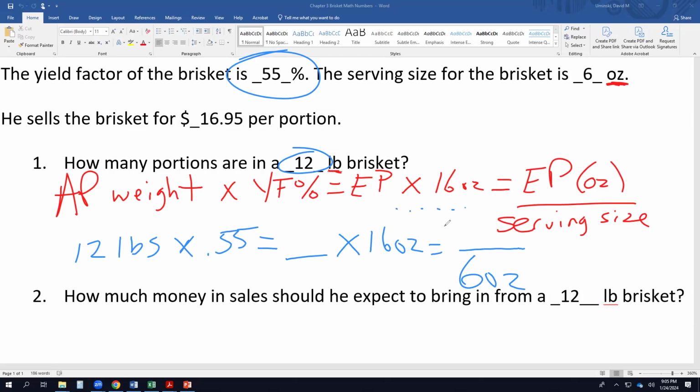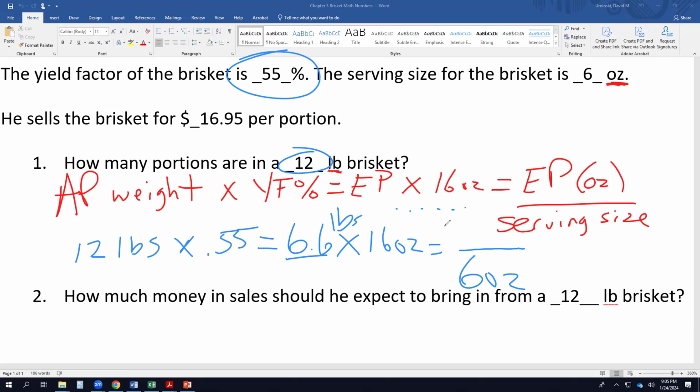So now, what is 12 pounds times 0.55? 6.6. I start with 12 pounds, and after I've trimmed and smoked the brisket, I only end up with 6.6 pounds of edible portion. Brisket has a lot of moisture in it, so as you smoke it, it's going to shrink. So now I need to multiply by 16 ounces, right?